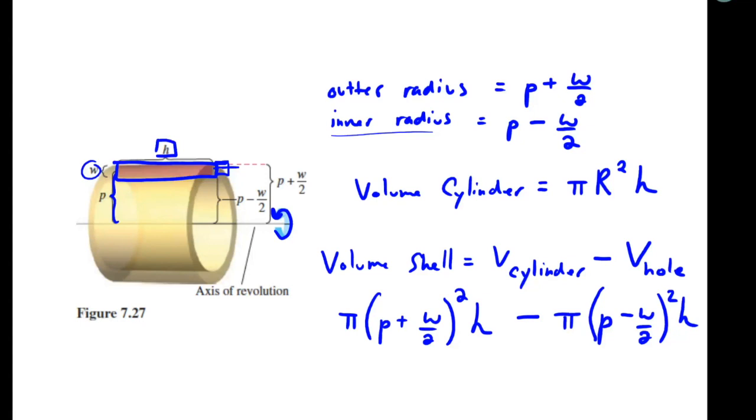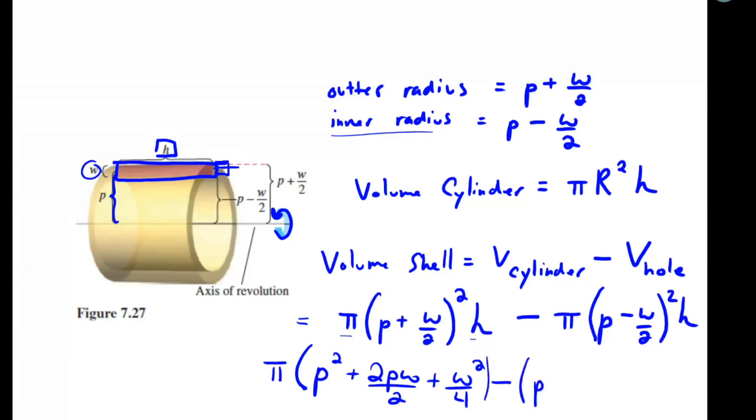And you might smell some foiling coming up, in which case you are correct. We can take out p and h from both of them and kind of simplify it, but as we expand this, we get p squared plus 2pw over 2 plus w squared over 4, minus p squared minus 2pw over 2 plus w squared over 4, and then our h on the end over there.